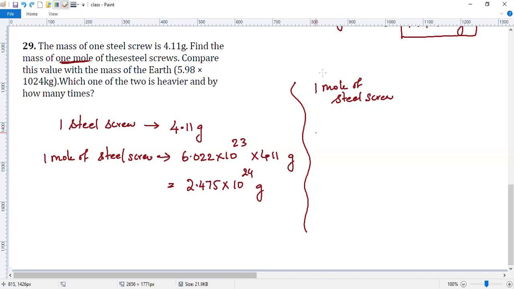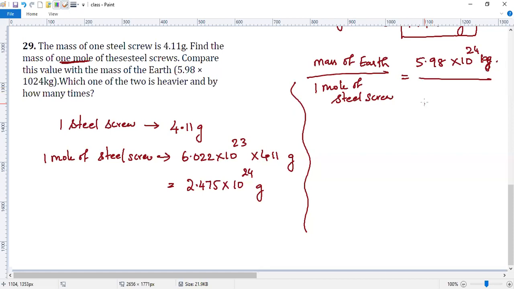If you want, you can take mass of Earth divided by 1 mole of steel screws as well. That will be even more precise because the mass of Earth is greater. So 5.98 into 10 power 24 kg is nothing but the mass of Earth, divided by the mass of 1 mole of steel screws.